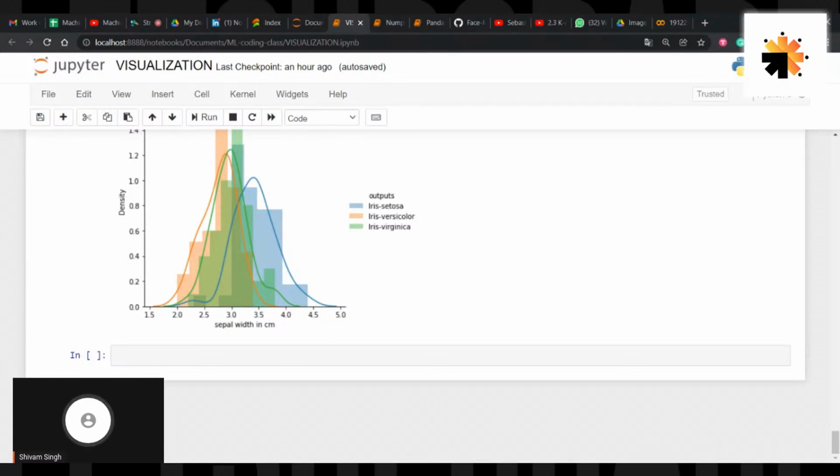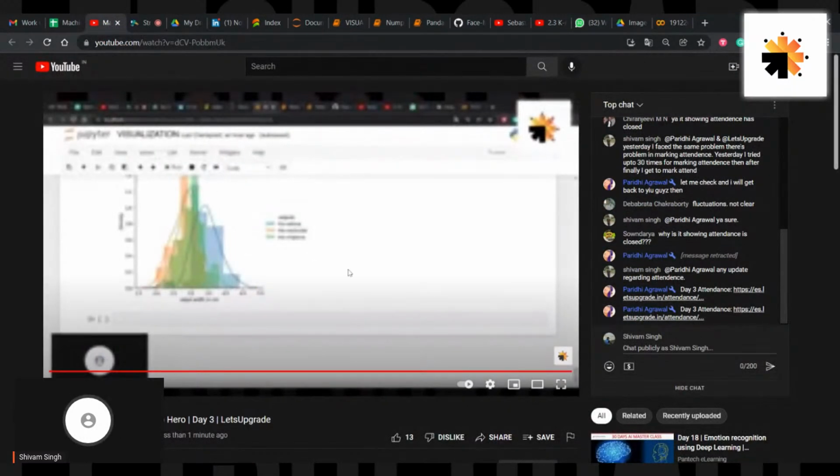On the final day I can wrap up the session by making a prediction model using all these concepts. Anyone having any query or anything you want to ask?